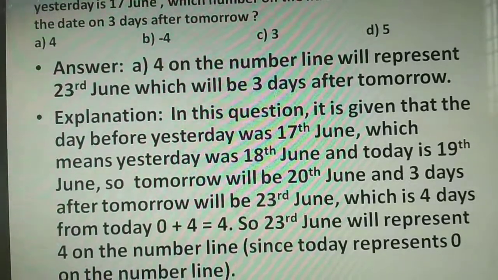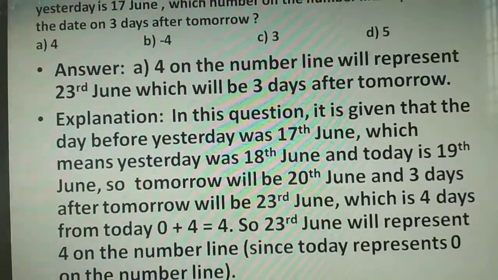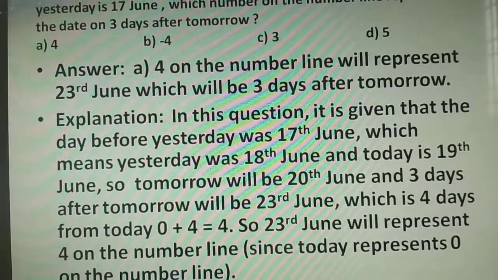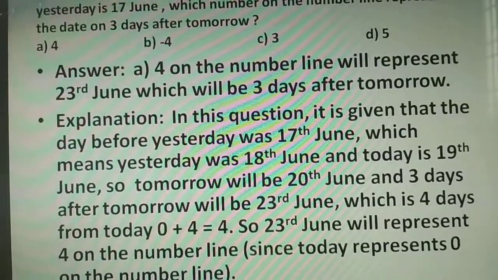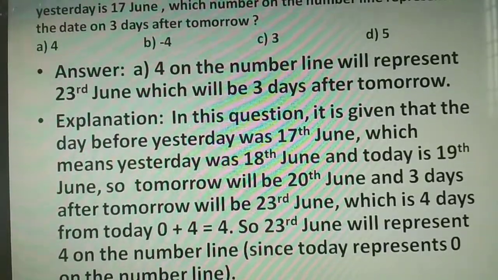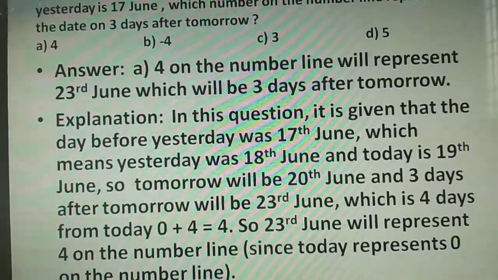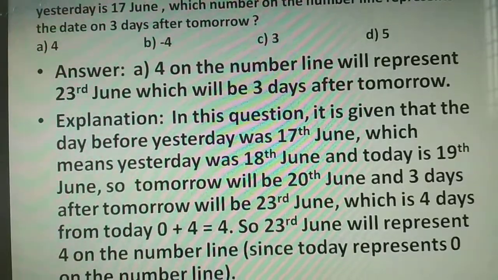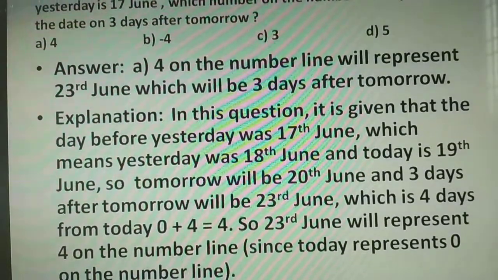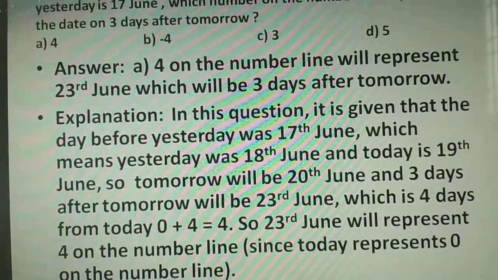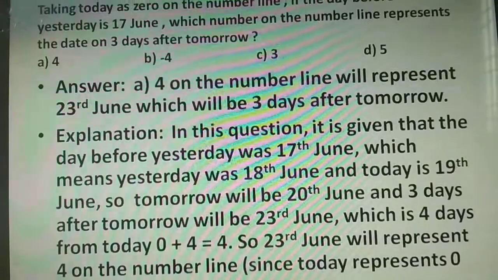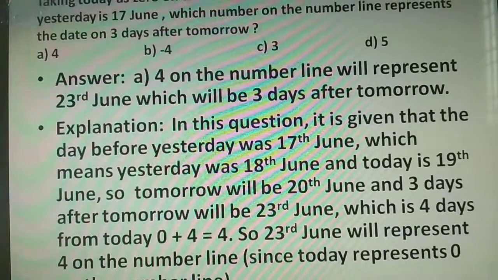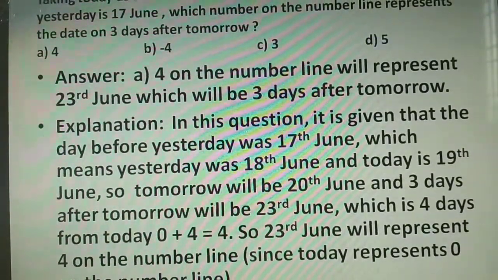Count from 20, 3 days. From 20 onwards: 21st, 22nd and 23rd. So 23rd June, which is 4 days from today. Which is actually 4 days because today is 19th in this question, so when we come to that 19th, we have to add 4 to get 23.